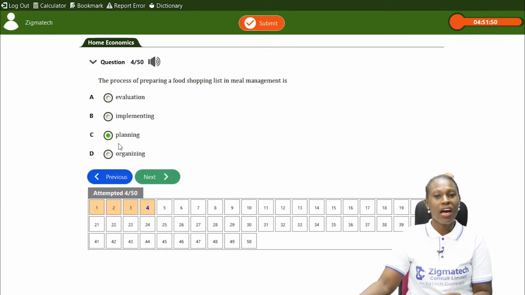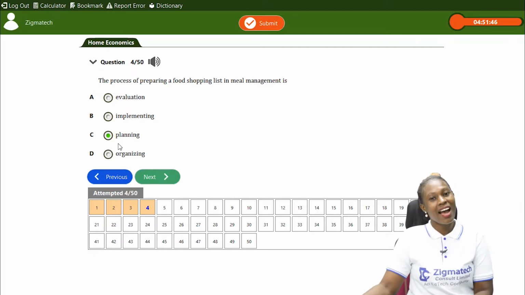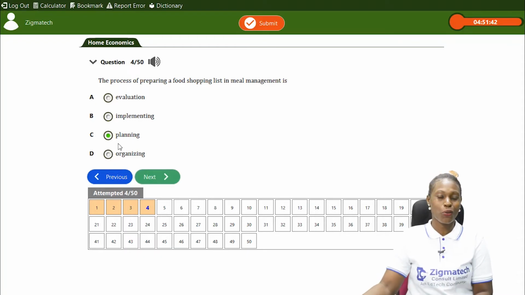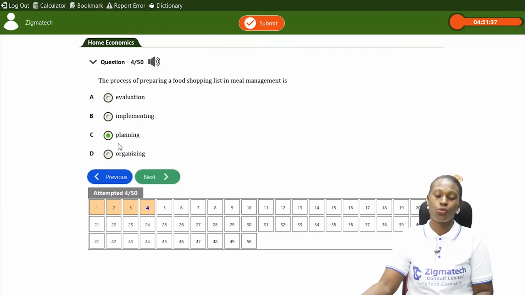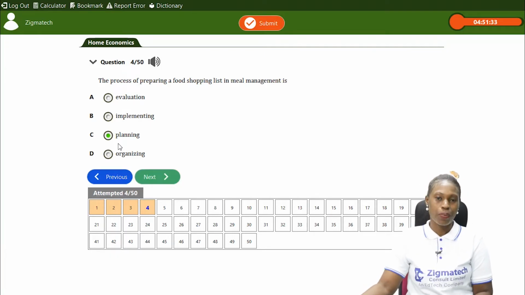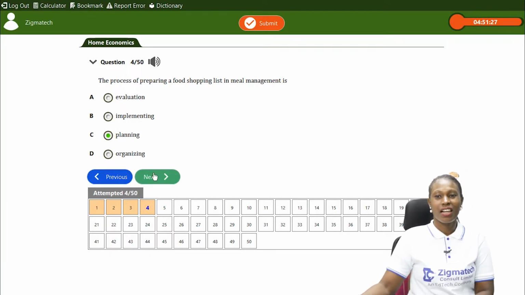You would have to plan what you want to buy, draw a budget, so it can guide you so you don't do impulse buying, which is not part of what you want to do. One of the very important things you should do when preparing your food shopping list is to get a plan. So you must plan. So planning is the answer for this question. Now let's move on.